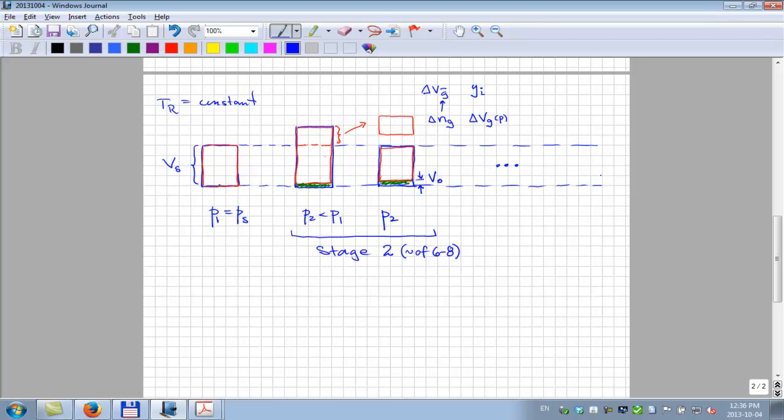And then just on the same line here, I'm going to bring it to Pn minus 1. And what I'm going to do here is put it at a volume that looks like this. And now we've basically reached this Vmax of the cell.